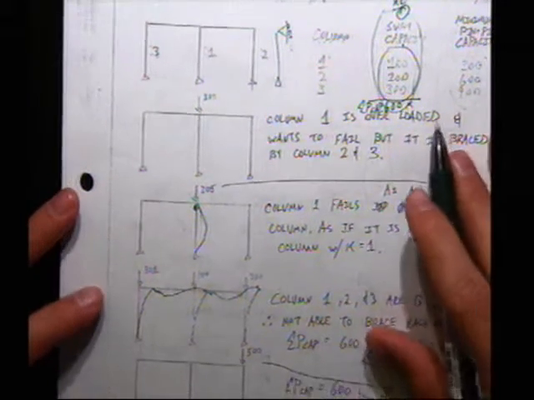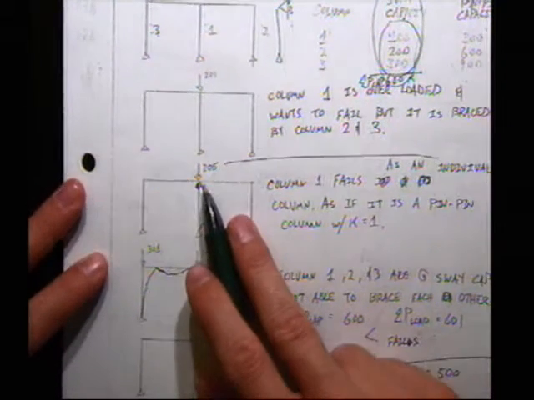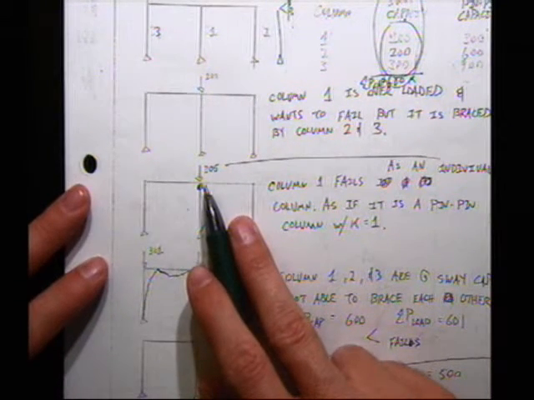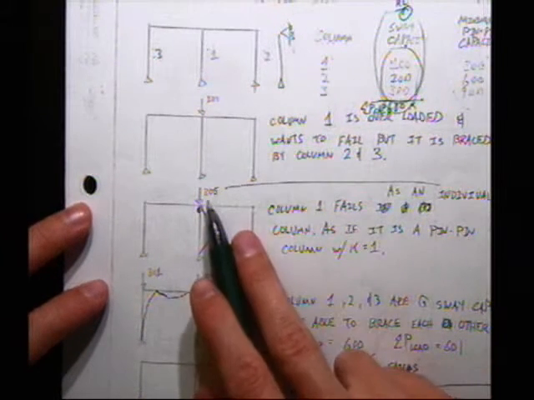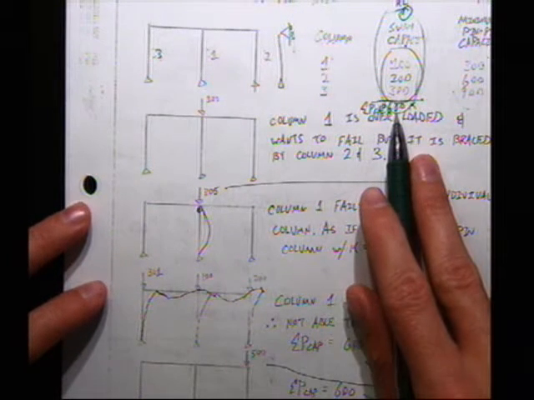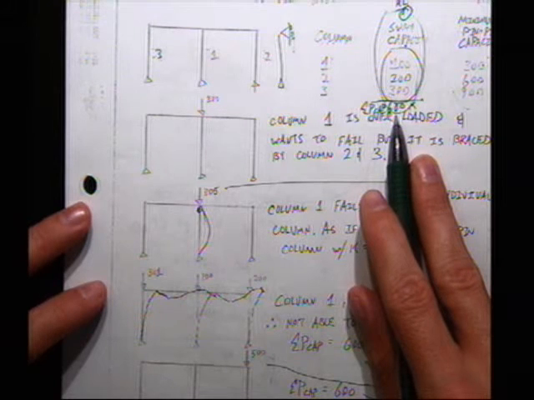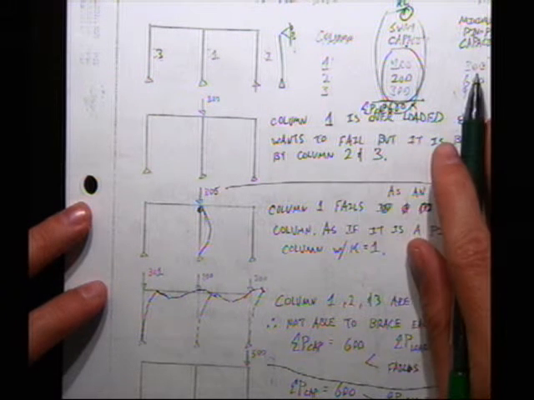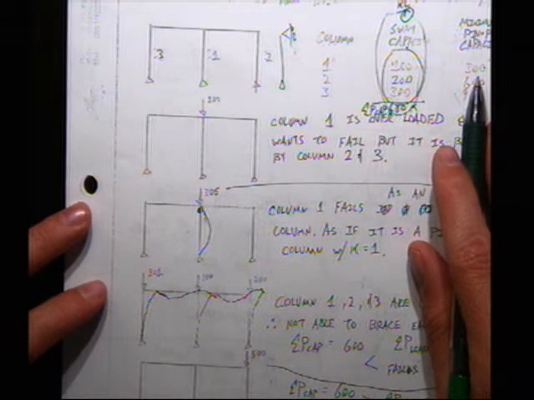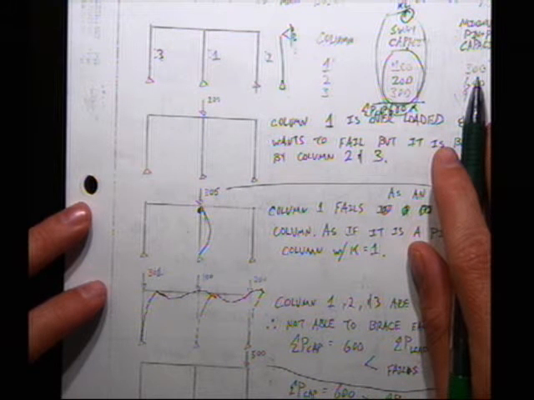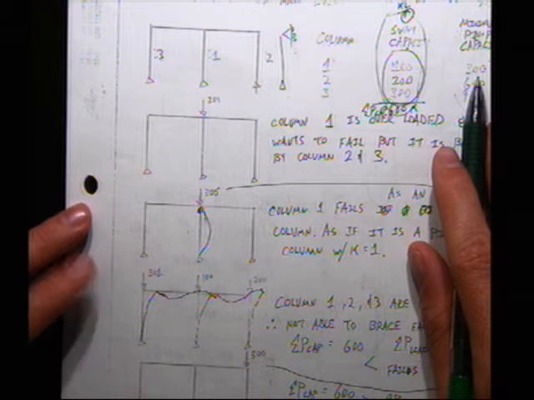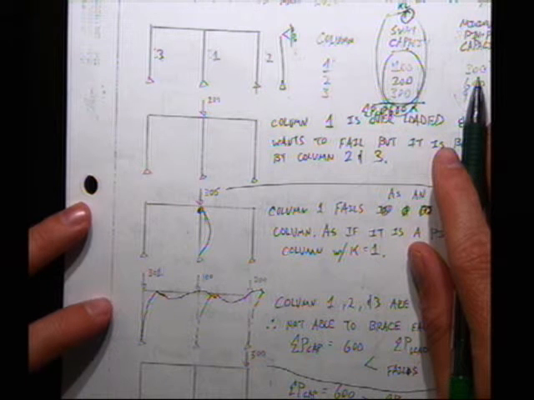Okay. So now let's say I increase this load to 305 kips. What's going to happen? Well, it fails. Why does it fail? Because 305 is less than 600, so it doesn't fail as a group, but it's greater than the individual capacity. Think back to structural resiliency. If the individual is overloaded, you'll have failure.